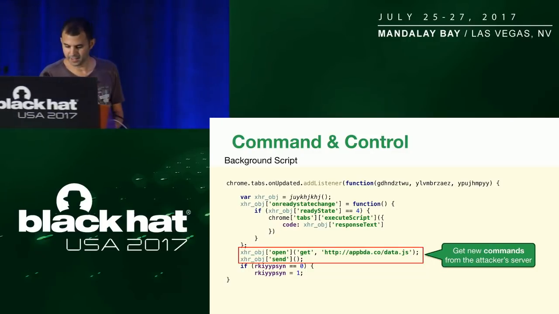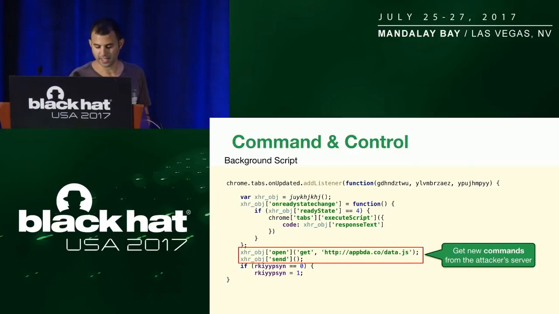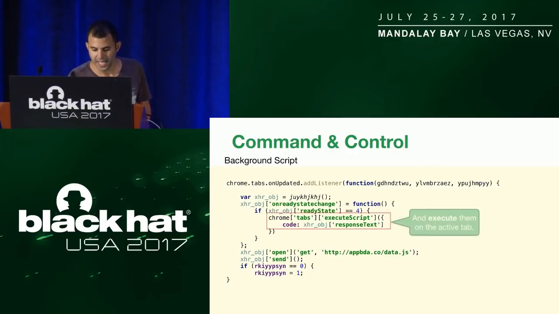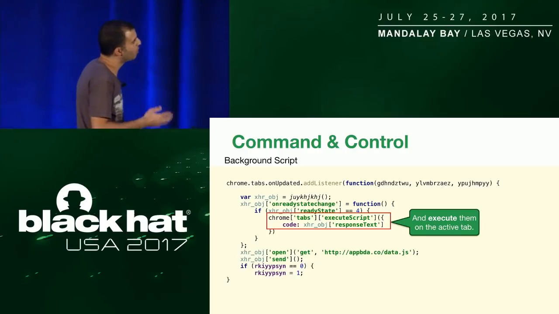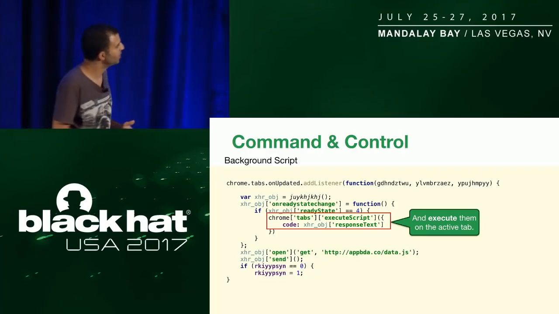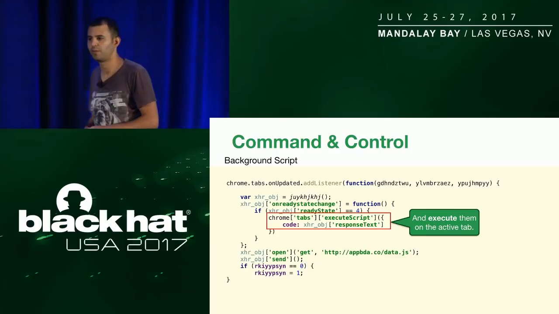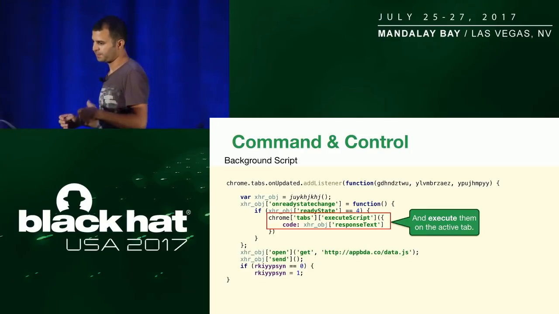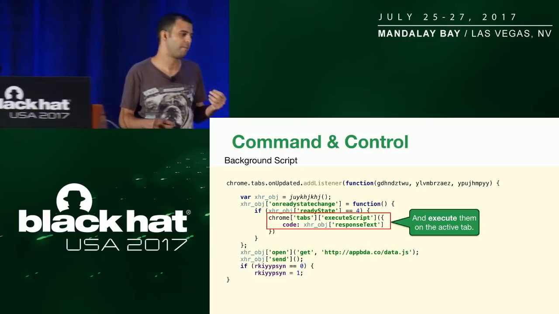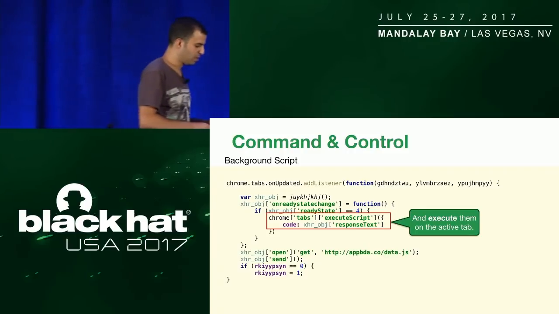Then it takes this data.js script from the attacker servers and, using the Chrome API chrome.tabs.executeScript, runs it on the active tab. So this actually makes this bot not static.